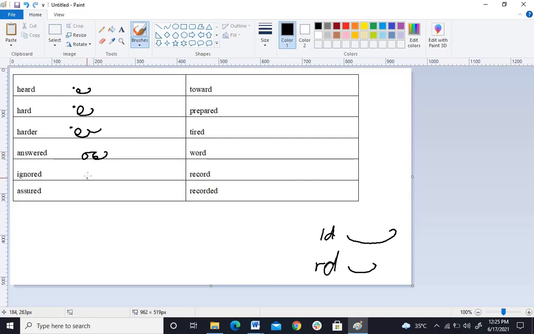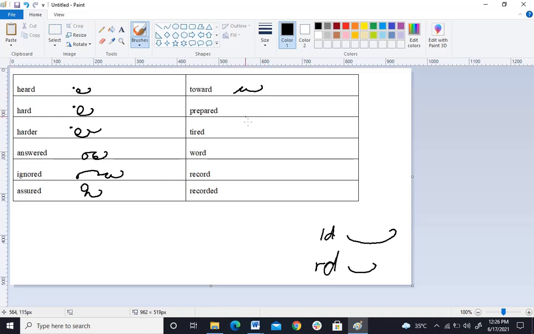"Ignored". Okay? Next, "assured". Next, "towards". Parang "toward".